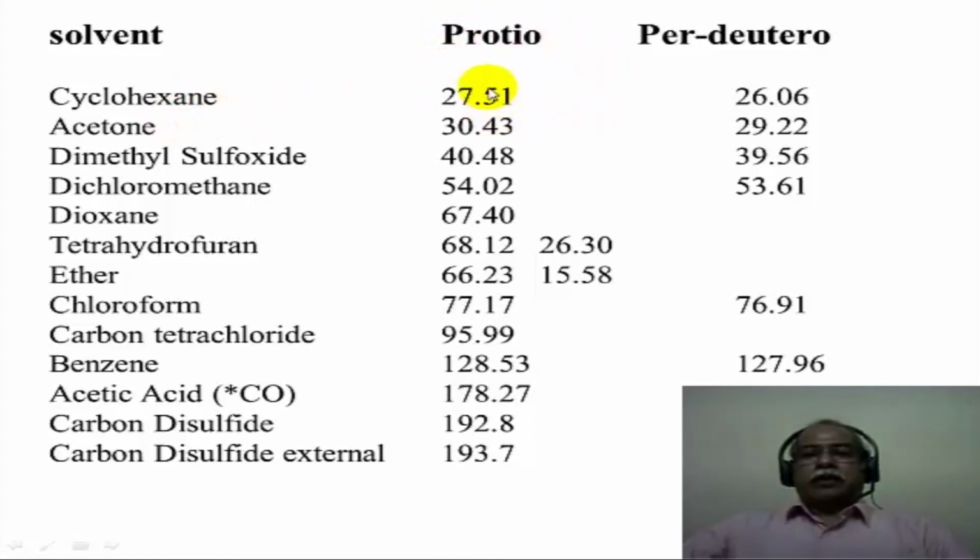The proteo chemical shifts are slightly different from the per-deutero chemical shift values. These are the common solvents that one uses for carbon-13 spectroscopy, and the resonance frequencies of the per-proteo as well as the per-deutero solvent are given. Sometimes instead of using tetramethylsilane as an internal reference, the solvent peak is taken as a reference point, and with respect to the solvent peak, the rest of the spectrum is calibrated.